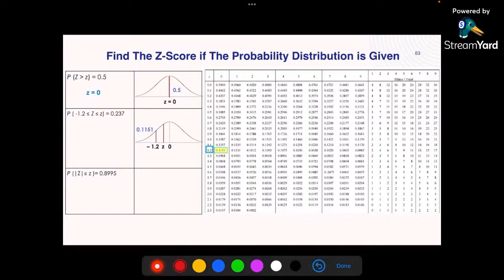So Q. QZ, we don't know what is QZ. QZ means here, the area of this one. Okay, QZ minus Q 1.2, you're going to get 0.237. Kat sini kan. So sekarang kita carilah kat sini. So algebra biasa, Q 1.2 adalah 0.1151. So you're going to get QZ adalah 0.3521.